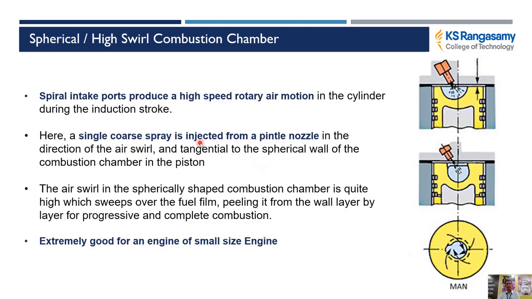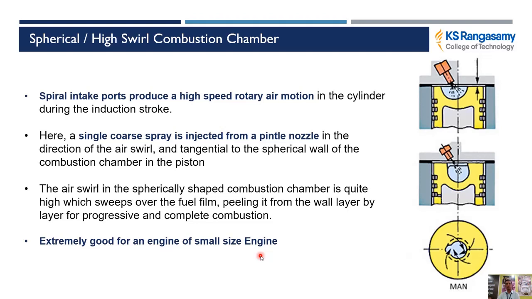The single spray is injected from the pintle nozzle, and the air swirl in the spherically shaped combustion chamber is quite high. Because of this air swirl, the fuel injected from a single hole nozzle mixes properly, and proper combustion can take place. This shape of combustion chamber is used for small sized engines and high engine speed.